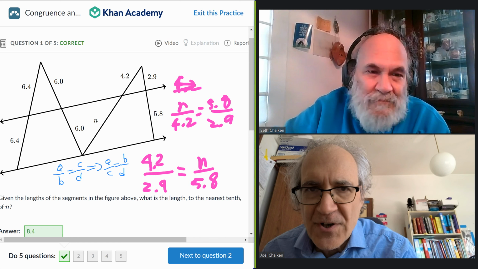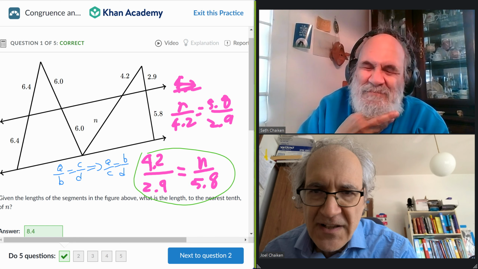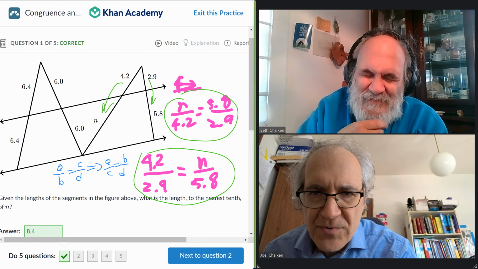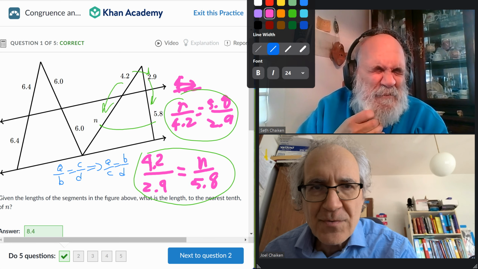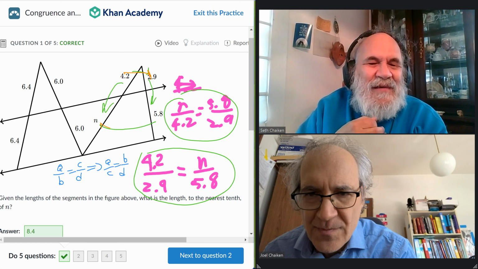Some people prefer to think of the proportion this way. I personally like to go section to section, as opposed to doing it the other way, which is 4.2 is to 2.9.